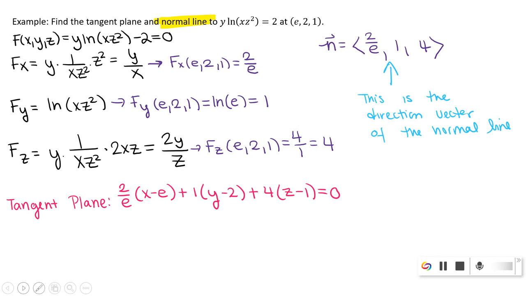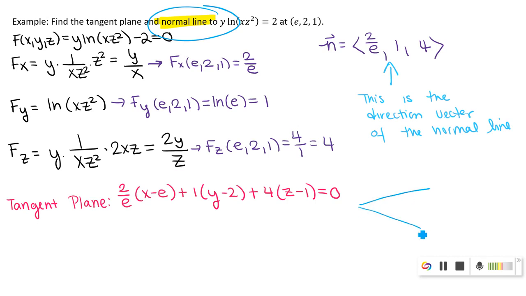Now, those numbers, the partial derivatives, 2 over e, 1, and 4, is a vector that is normal to this tangent plane. If we're trying to come up with the normal line, that means my normal vector is the direction vector of that normal line.